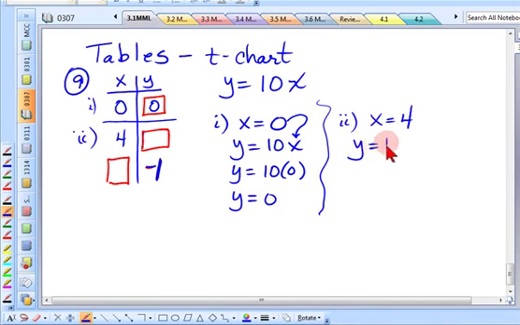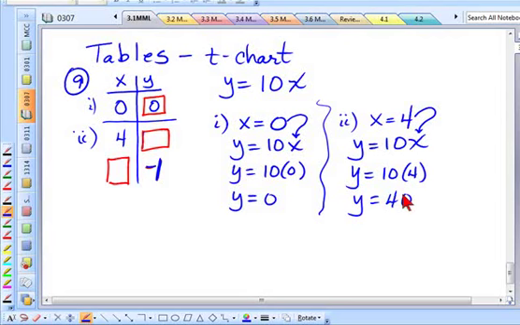It is y equals 10 times x. I'm going to plug the 4 in the place of x. Y is equal to 10 times 4. What is the value of y? 40. 4 matches up with 40. The ordered pair 4, 40 is a solution. It will make the statement true. There's 2 solutions to this so far.